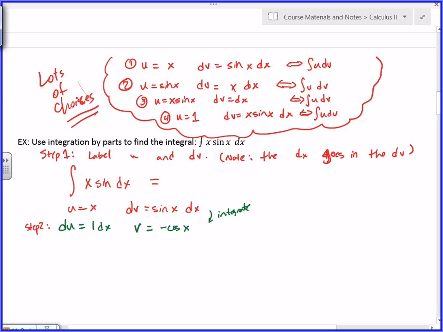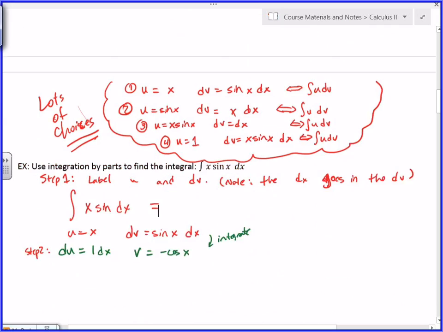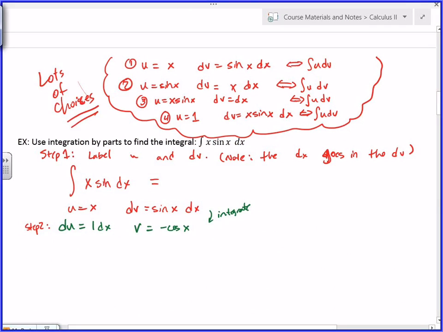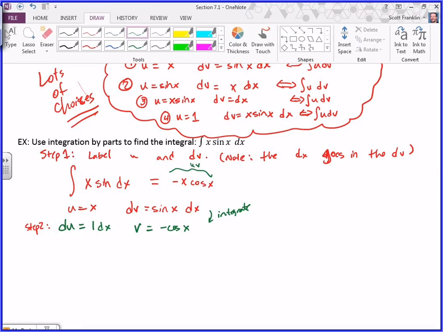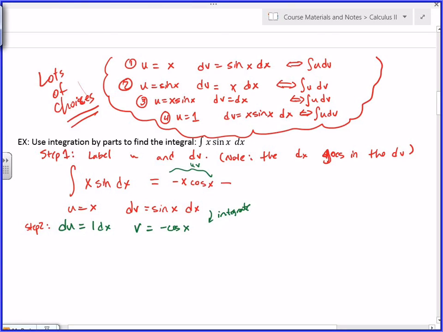Now we use the formula. The integral of u dv is uv, so you take u times v. U is x, v is negative cosine of x, right? There's uv, minus the integral of v du.